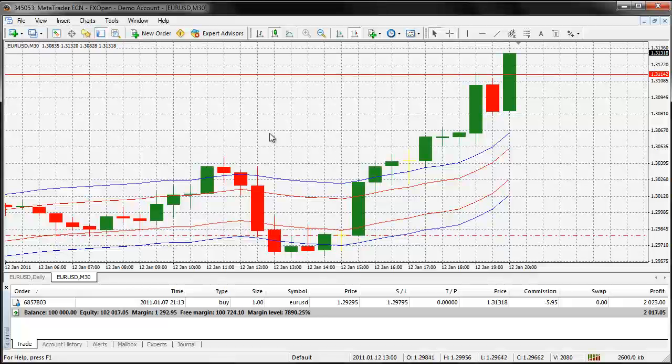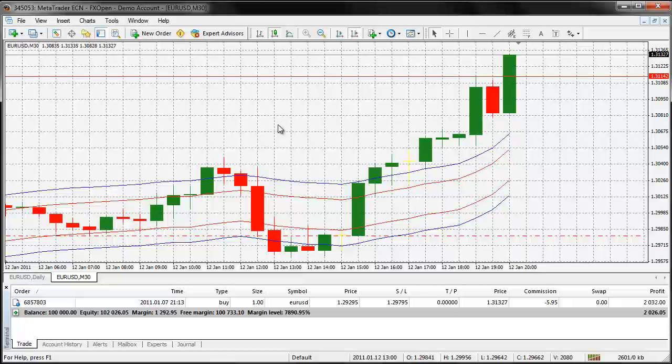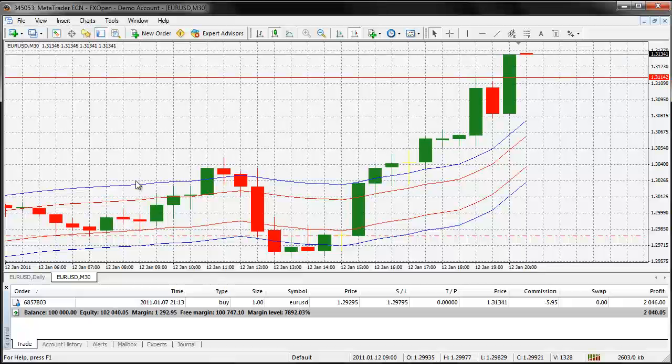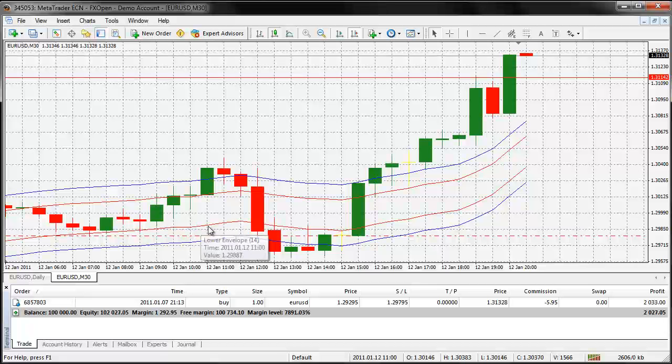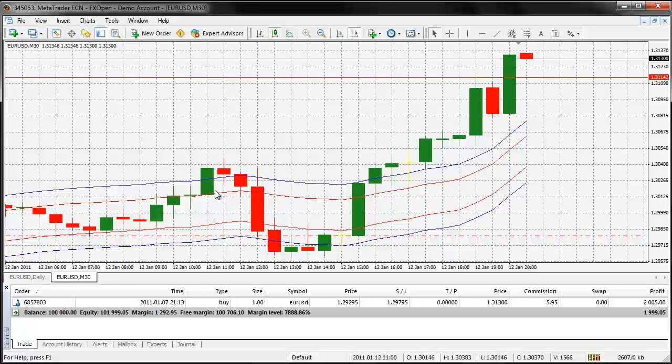The same is true for the short trades, and that's when you see the market prices pop out above the upper bands. These two here that we just talked about, the 0.2 and the 0.1 deviation bands, are the lower deviation bands. For short trades we look at the higher deviation bands.